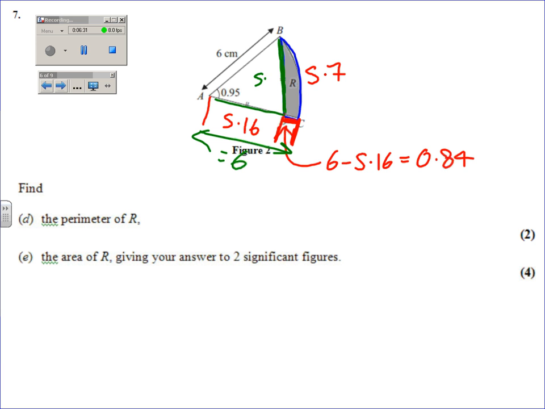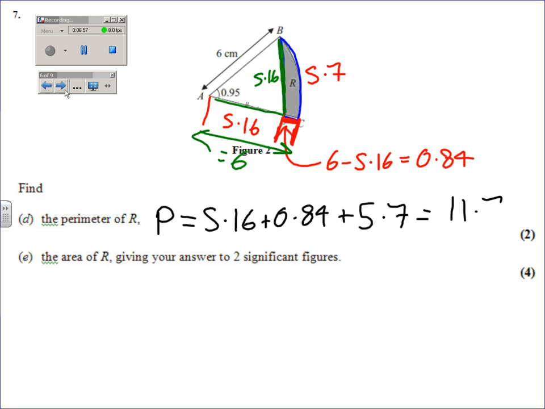So to find the total perimeter, it's just 5.16 plus the little bit, which is 0.84, plus the 5.7, which was the arc length. And that all works out to be 11.7. Ta-da! Perimeter, we'll put centimetres.